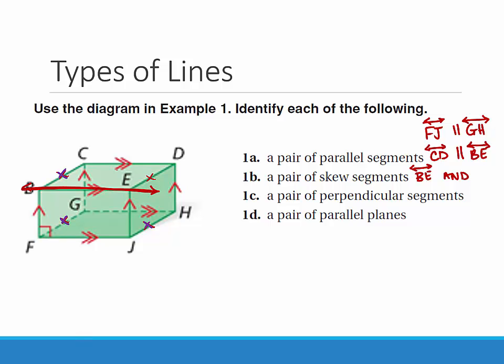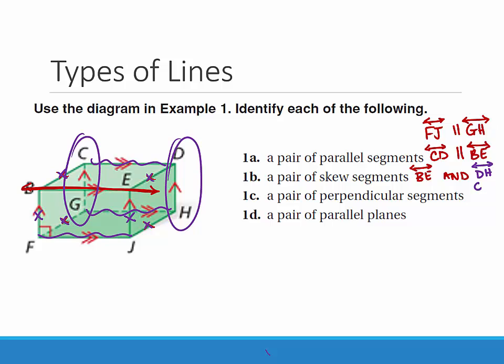None of these are going to work. And none of these are going to work. This one right here would be parallel to it, so we can't choose that. This one right here, remember we said was parallel, and this one right here. So our only options are DH or CG. And all of those are skew.